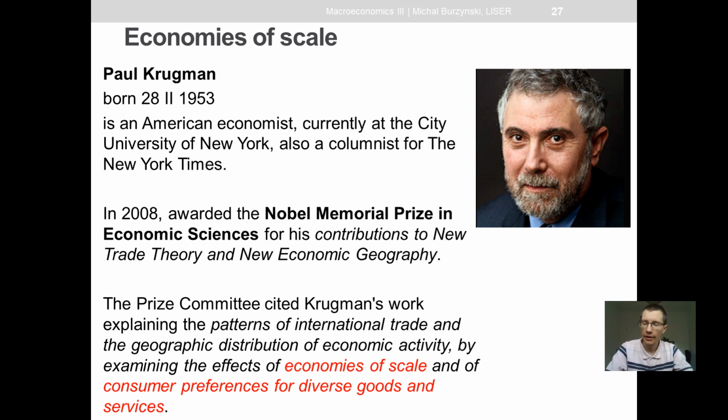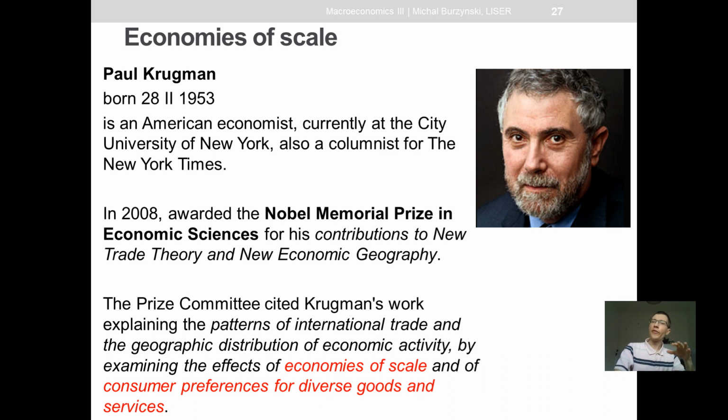famous for his fundamental contribution to the theory of industrial organization, including the theory of economies of scale, consumer preferences, and diverse goods and services as main motives for international trade. This is what Paul Krugman, individually but also with some other co-authors, really brought significantly to the literature.